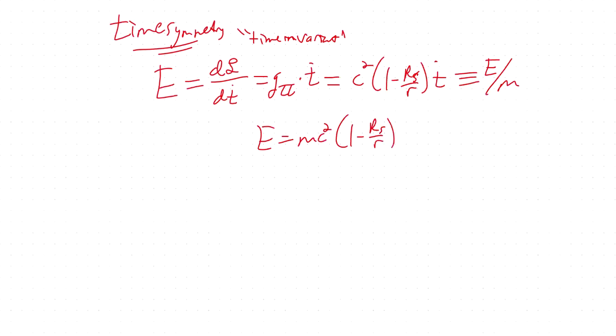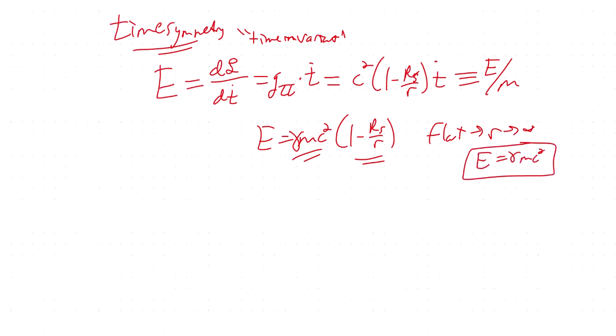So this is just gamma mc squared times the Schwarzschild metric adjustment. So in flat space-time, as r goes to infinity, E equals gamma mc squared. We reproduce Einstein's revolution. I mean, all of this is Einstein's revolution. We produce normal energy-mass equivalence. This is just special relativity energy-mass equivalence.